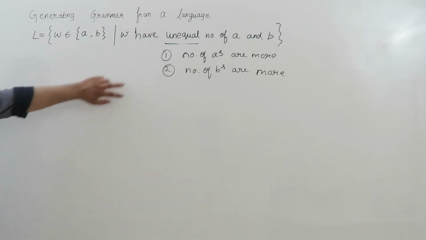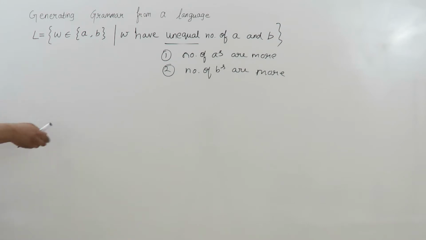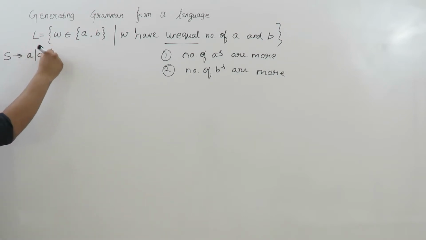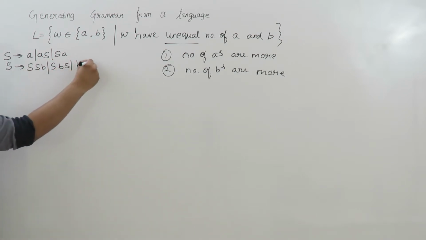If you remember, we have already discussed these two examples. The previous two examples were these two only: number of A's more and number of B's more. In that example, we gained the productions S derives A, AS, SA, S derives SSB, SBS, BSS.